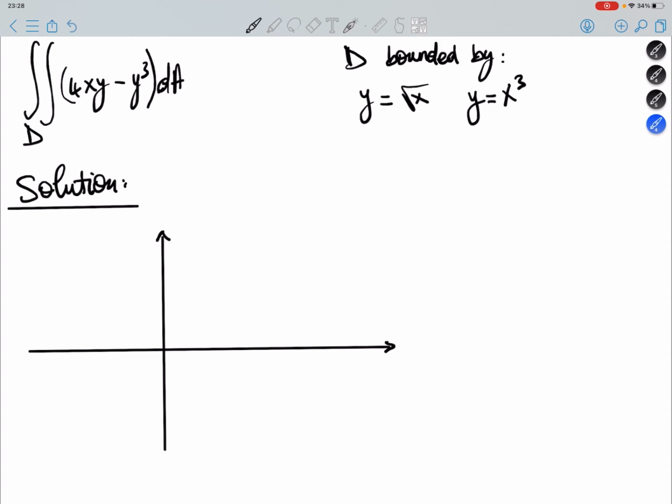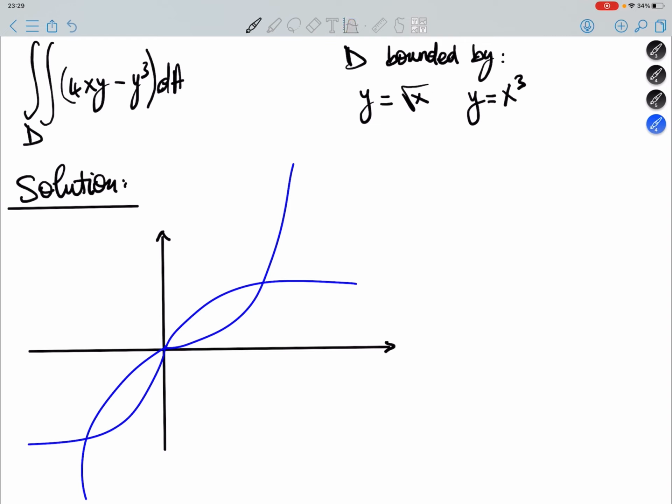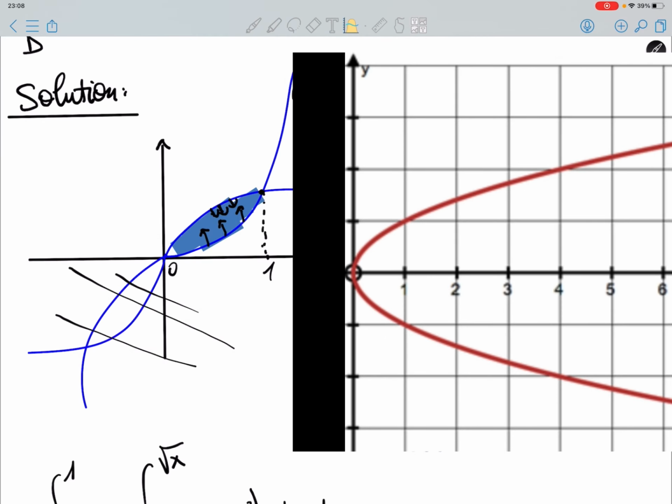First, y is equal to x cubed is a shape like this that goes like this. Now y is equal to square root of x is a shape like this, but we don't need the negative part. By the way, my bad, y is equal to square root of x.